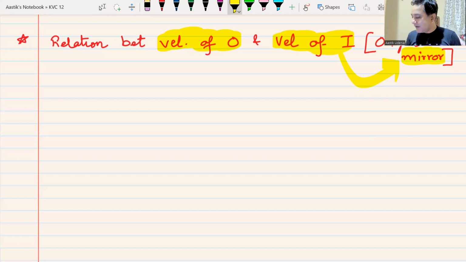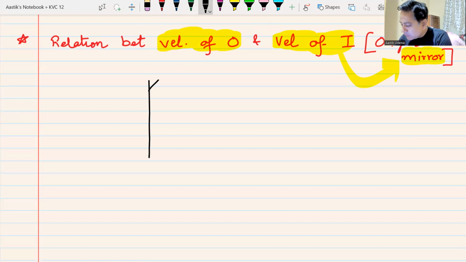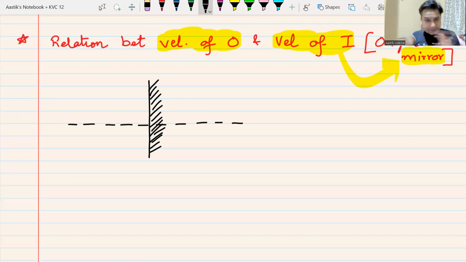Let us move ahead. Relation between object velocity and image velocity. Remember, it is always with respect to the mirror. So first of all, it's my duty to draw a mirror, and this is how I always draw it. I will draw an object. I will draw a mirror, and this is your perpendicular.